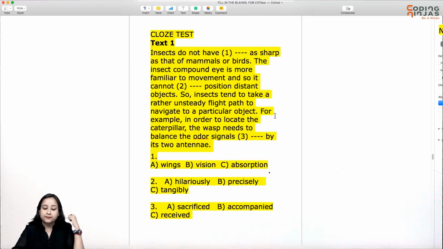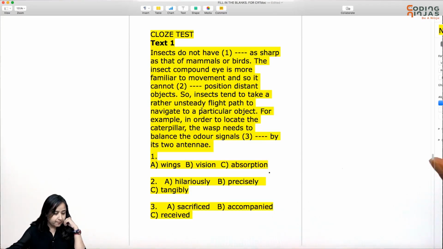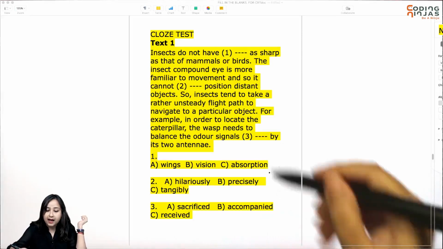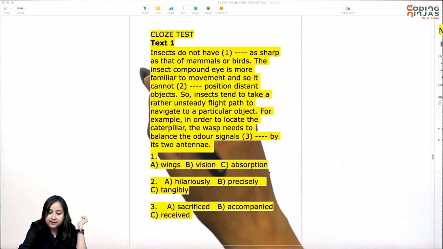So I believe you have seen the recording, and now let us try to solve these questions. So the first one for you. Now let us look at a mental answer. Insects do not have sharp that of mammals and birds.